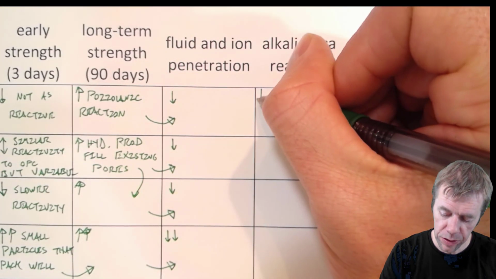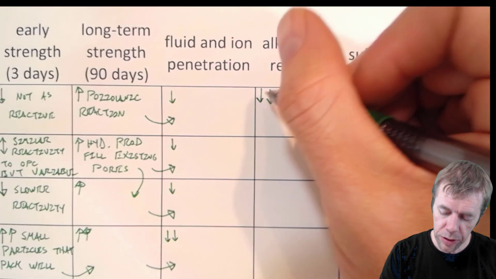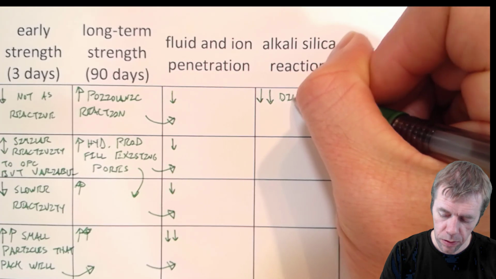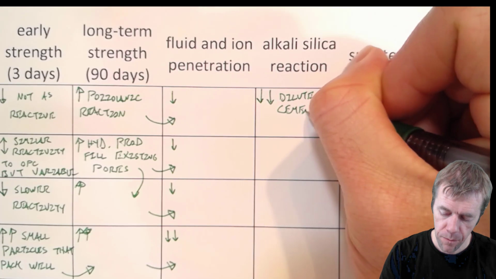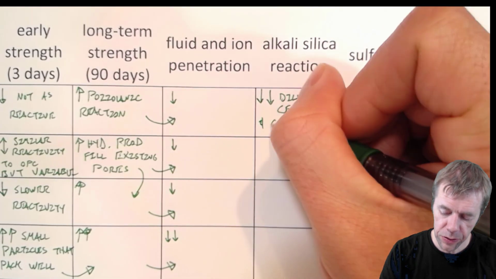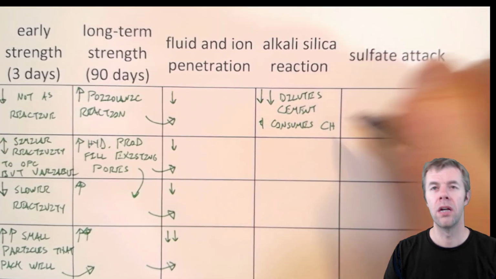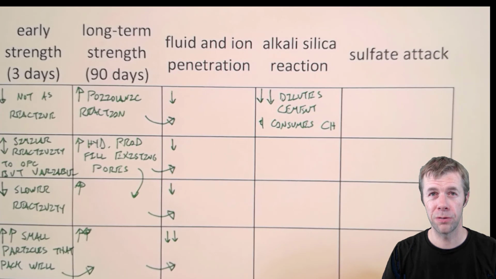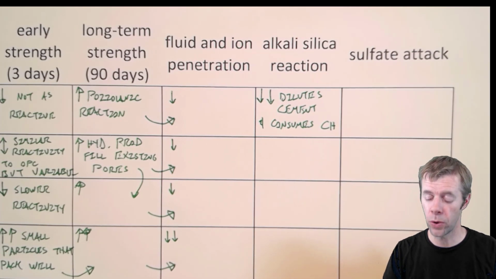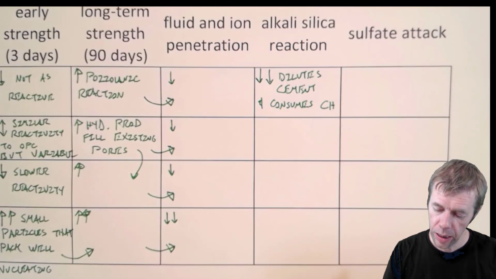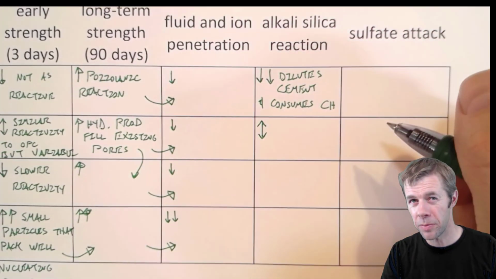Class F fly ash is a double down for ASR, okay? And it also, because it dilutes the cement and it consumes calcium hydroxide, that's going to lower the pore solution pH. That's going to actually help make sure your pore solution doesn't dissolve your aggregates as quickly. And for Class C fly ash, this is up or down. Sometimes it makes it better.